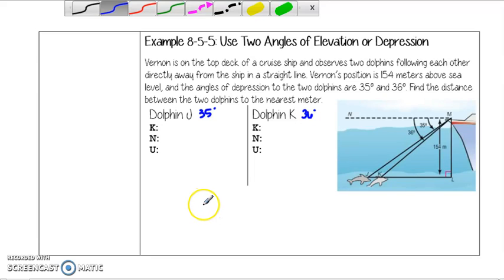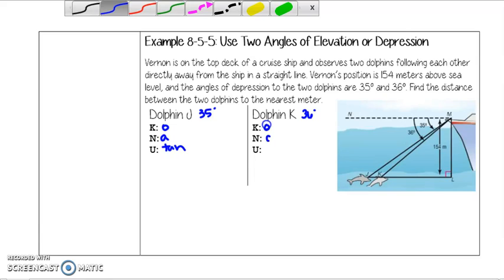We are going to use the same height here of 154, and once we figure out how far away they are, we can take the difference to figure out how far apart they are. For dolphin J, this angle up here, by alternate interior, gives me that angle there, 35. We know the angle and its opposite, and we're trying to find the distance, the adjacent.